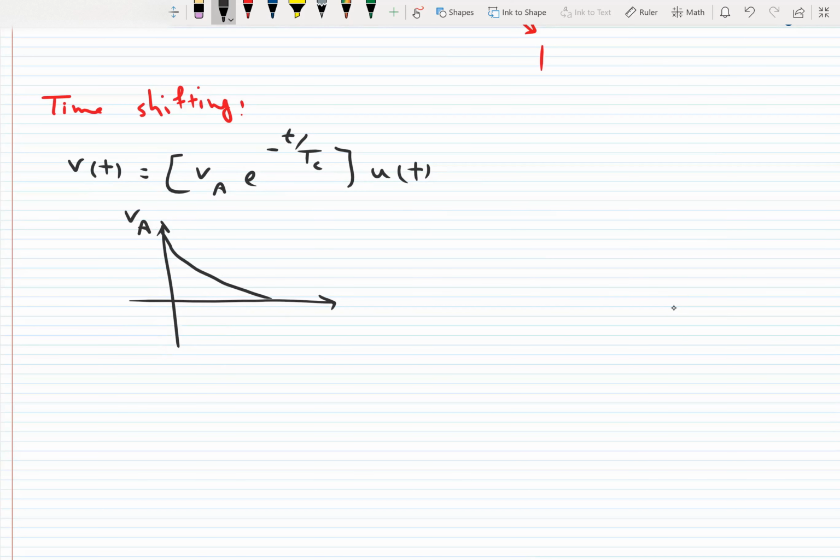Now, let's shift the signal to the right and left. We know that in order to shift the signal to the right, we should subtract a constant value from the time.